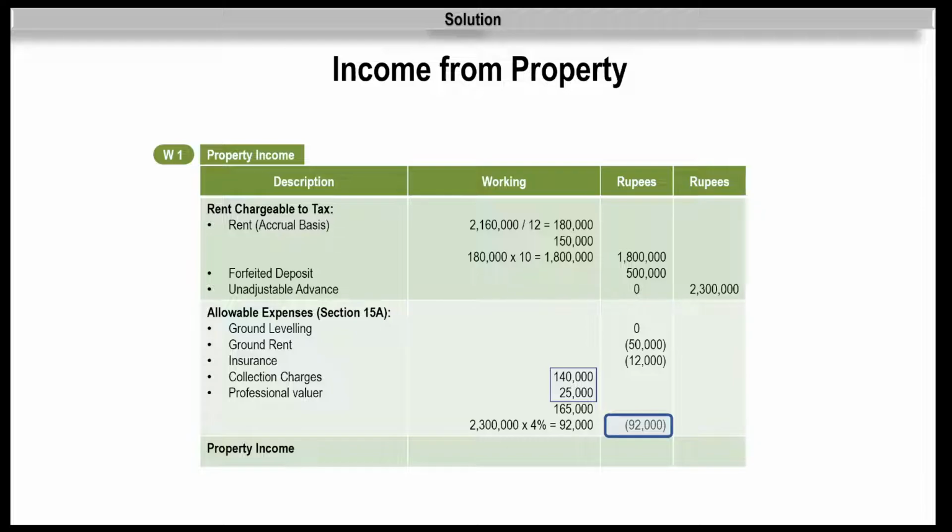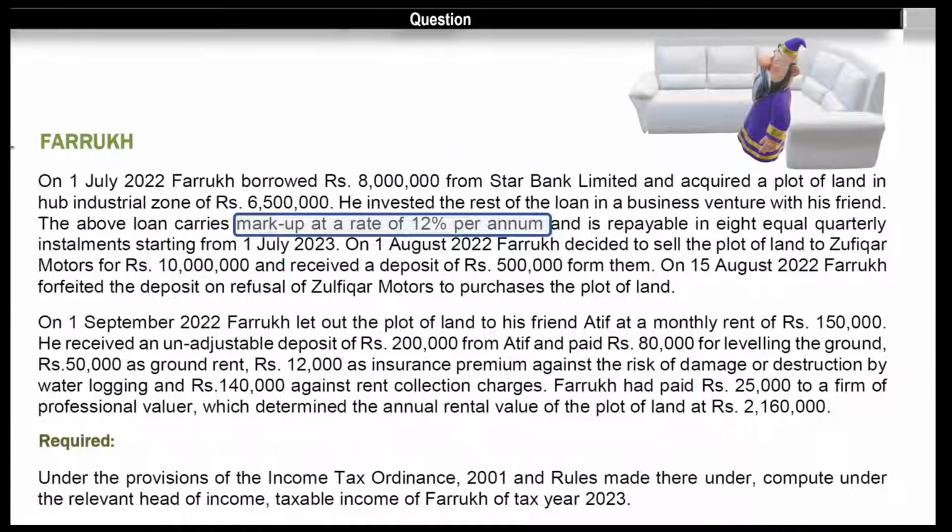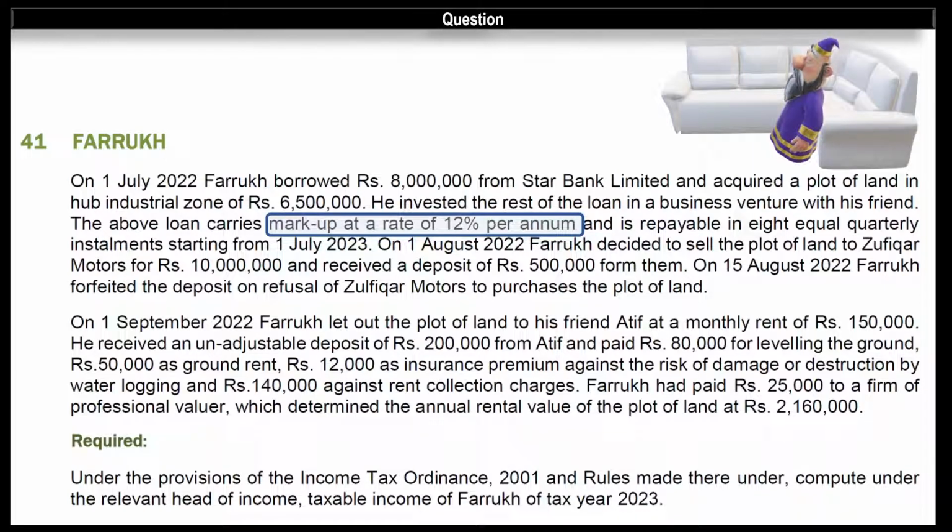Another expense mentioned in question is markup at 12%. Markup is allowed as expense under Section 15A. Please note that amount of loan used to acquire plot is Rs 6,500,000. The plot was generating income from September 1st onwards. This means that markup will be calculated on Rs 6,500,000 for a period of 10 months.